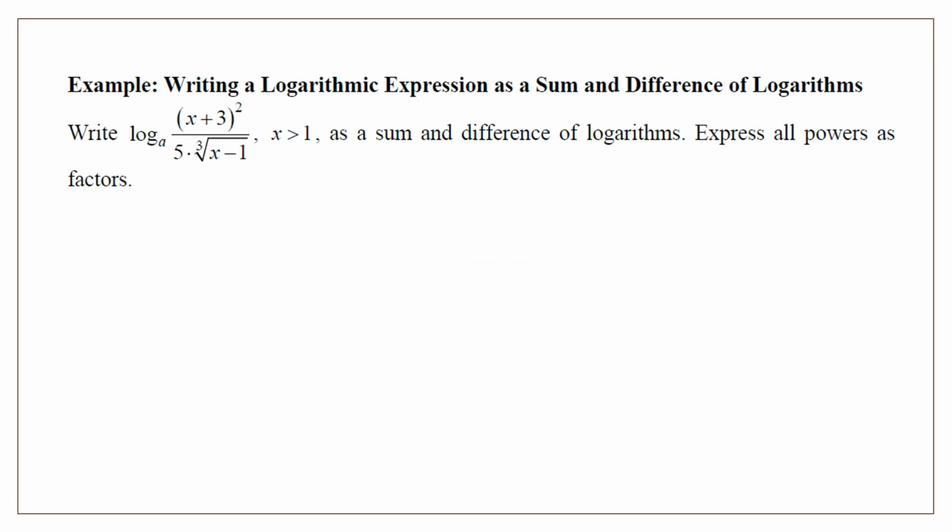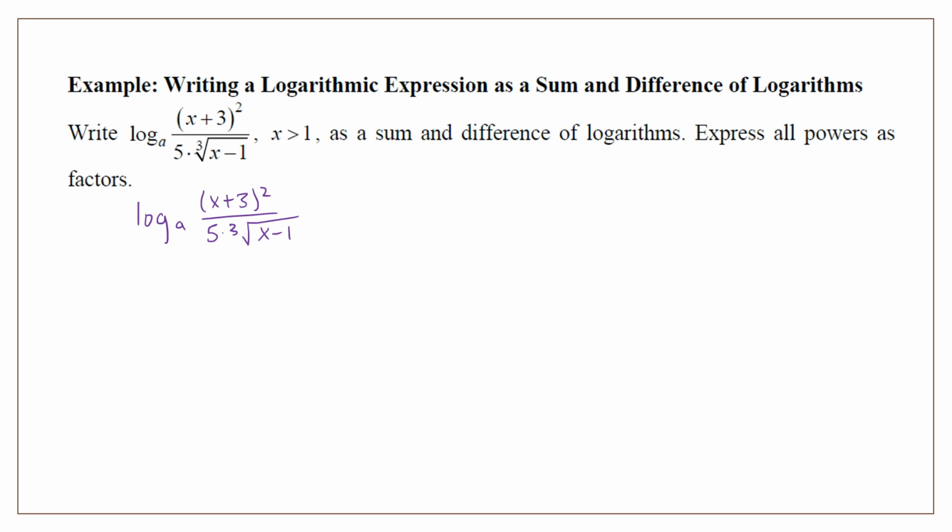So now we're going to write a logarithmic expression as the sum and difference of logs, and we want to express all the powers as factors. So we're going to start off with our single log, so log base a of x plus 3 squared divided by 5 times the cube root of x minus 1. Okay.